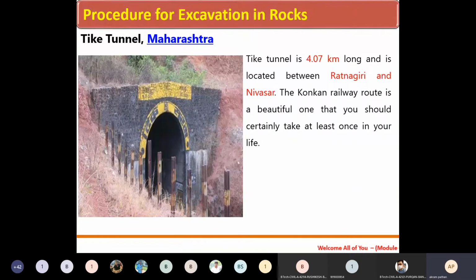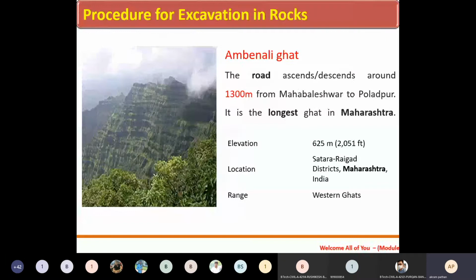So this is the Teak tunnel in Maharashtra, 4.07 kilometers long, and it is in between Ratnagiri and Nevasar. So such kind of construction is made with the help of this construction technique subject.